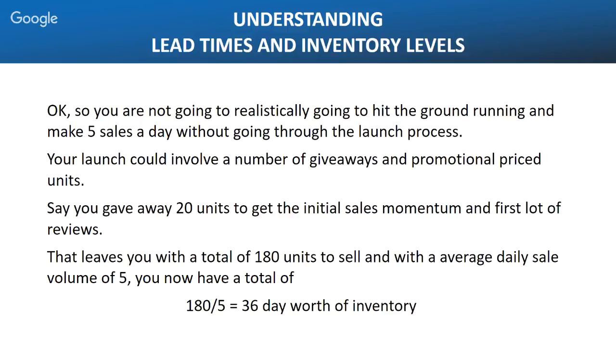Now, if we've got 180 units and we're selling an average, once we've done the launch and we're up and running, and we hit our target of 5 a day, 180 divided by 5 is 36 days' worth of inventory, not 40 anymore, because we had to do our launch process. So we're now left with 36 days' worth of inventory.